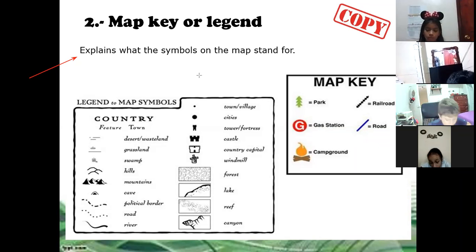the map has some drawings. The airports. Look at this. These blue lines mean roads. This one, railroad. This is like a pine tree. Pine trees is a park. This one is a gas station, a campground. Look at this one.